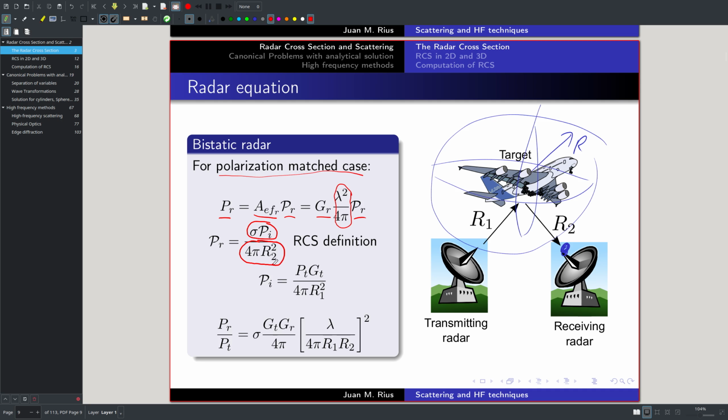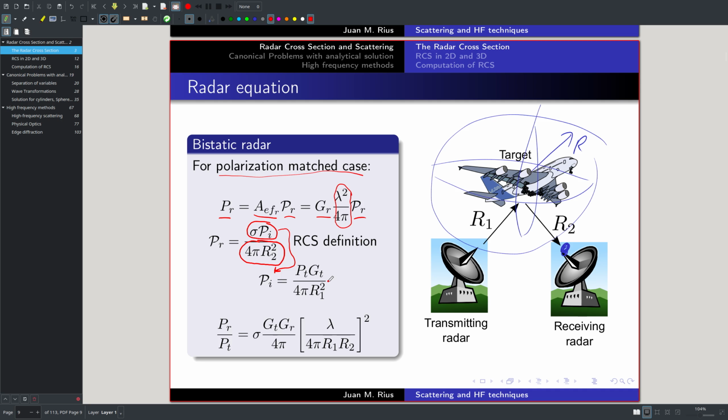And now we also have an equation for the incident power density that depends on the definition of the directivity or gain, if we account for losses, of the transmitting antenna.